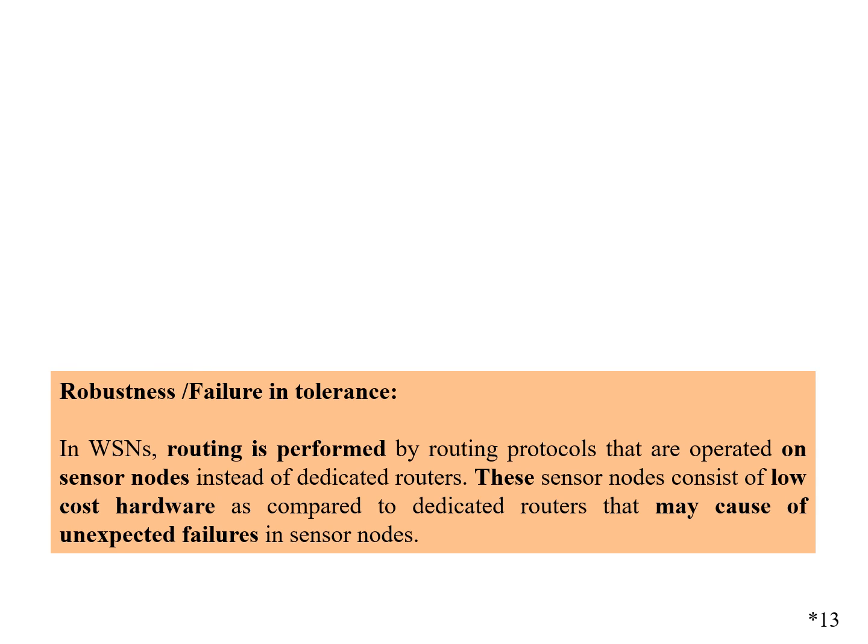These sensor nodes consist of low-cost hardware as compared to dedicated routers, which may cause unexpected failure in sensor nodes. If a failure occurs, then your wireless sensor network should be robust enough to afford that failure and respond quickly to get another path.